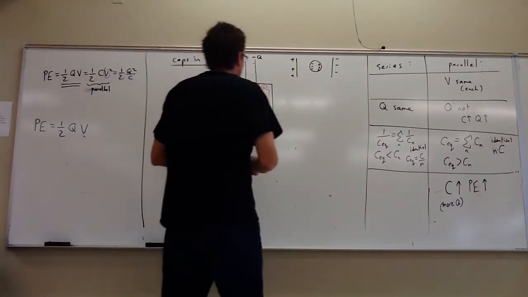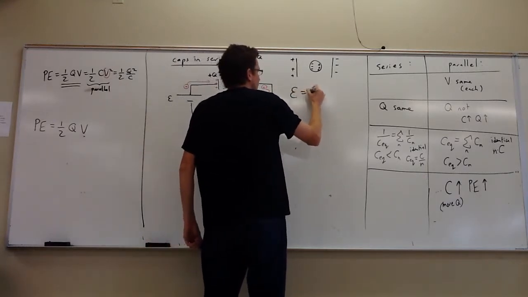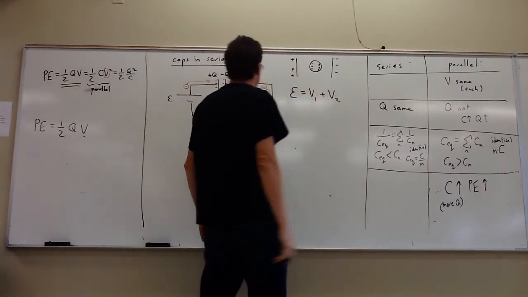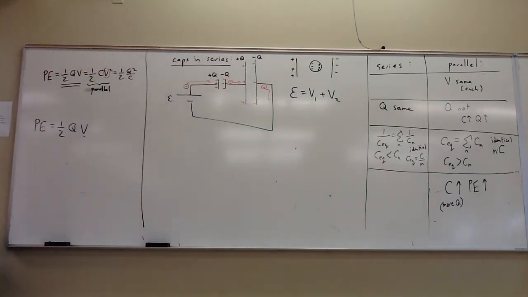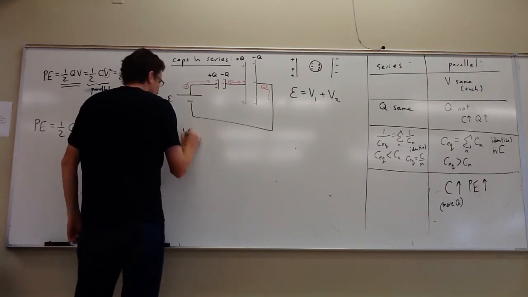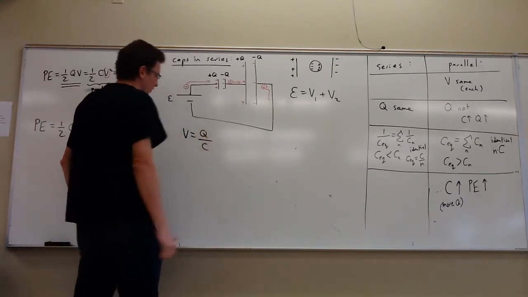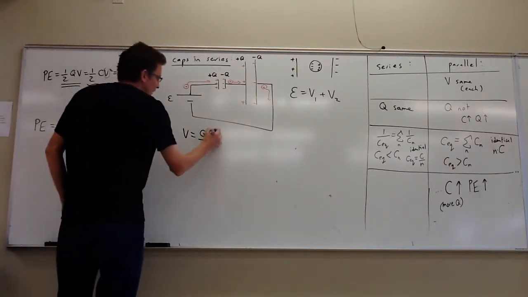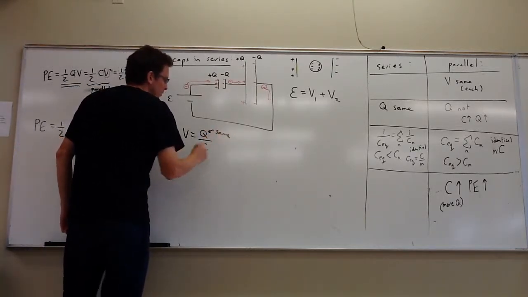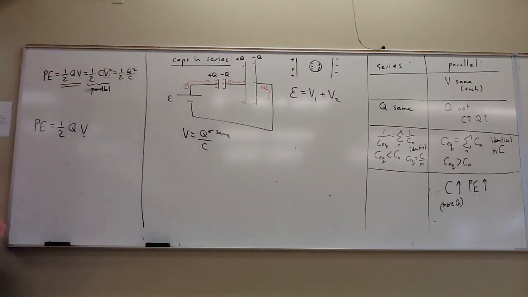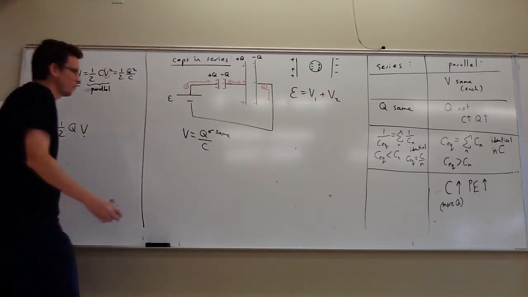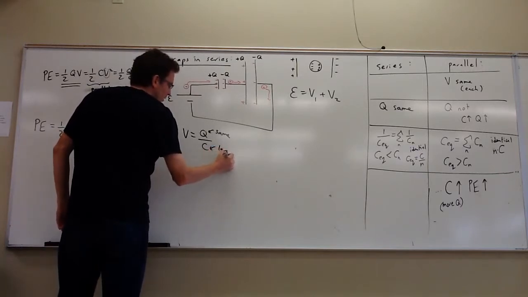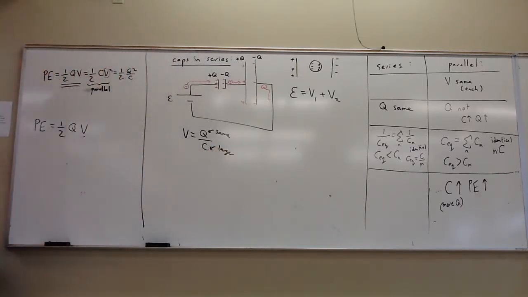Let's find out what happens. The only thing we know for sure is that the sum of the two has to be the battery voltage, but they are not necessarily equal. If we go back and look at our formula, let's invert our definition of capacitance: V equals Q over C. If they have the same charge, but one of the capacitances is larger, what does that mean about the voltage across that capacitor?